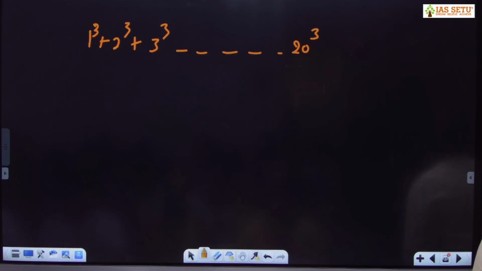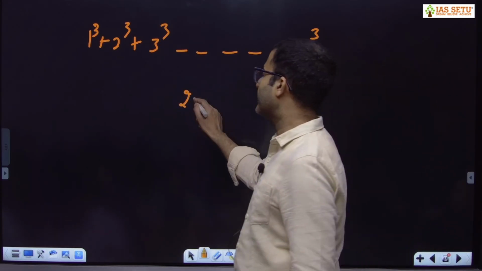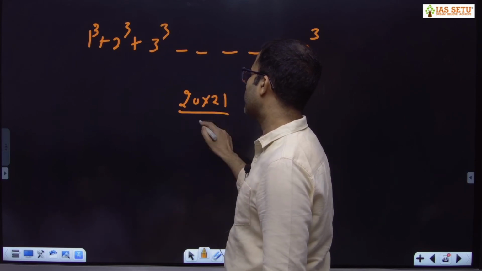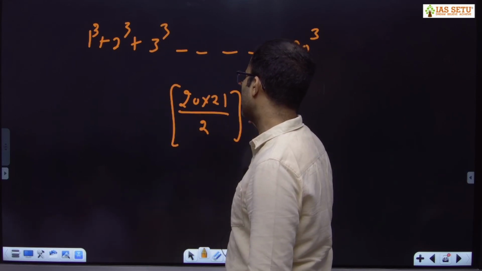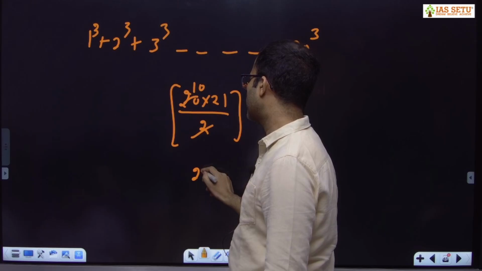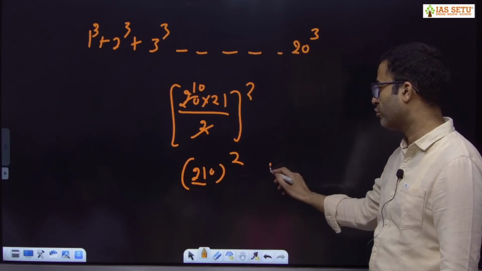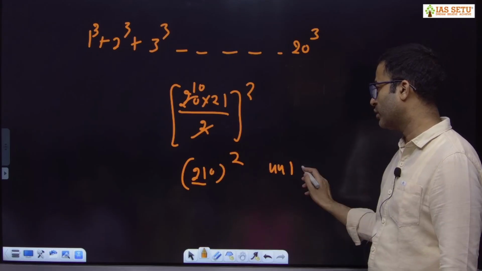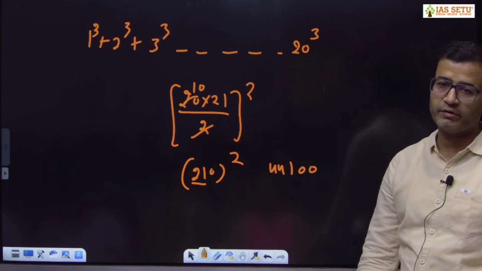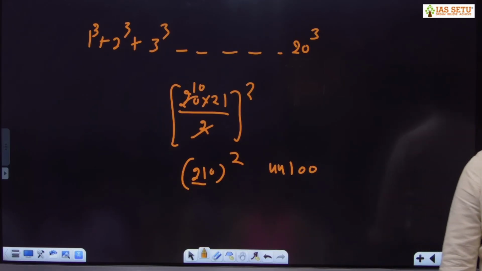Done. So it will be 20 into 21 divided by 2, whole square. So it is 210 square. I think you know what is 21 square. 441 and एक जीरो है तो स्क्वायर में दो जीरो बन जाते हैं. 44,100.